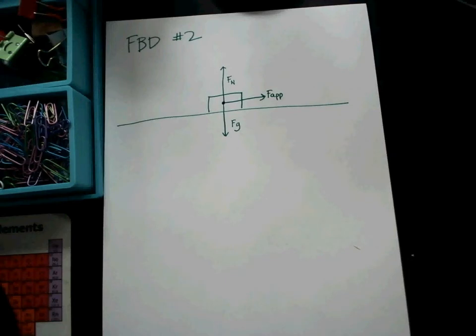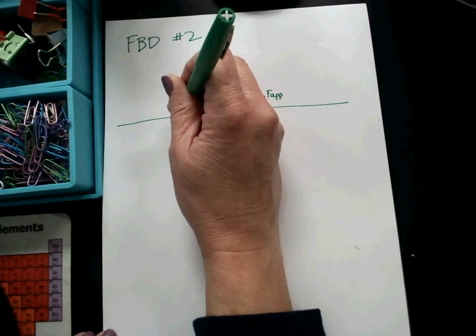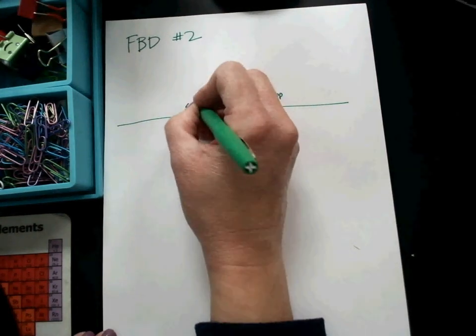And when I was doing it the way I wanted to, was it moving? No. So what's that force that stops things from moving? Friction. So I have to show that as well. Equal but opposite.